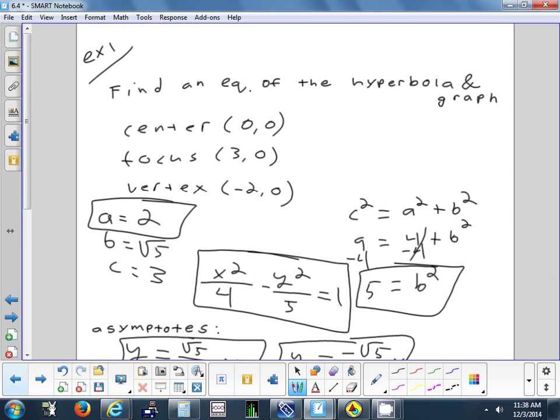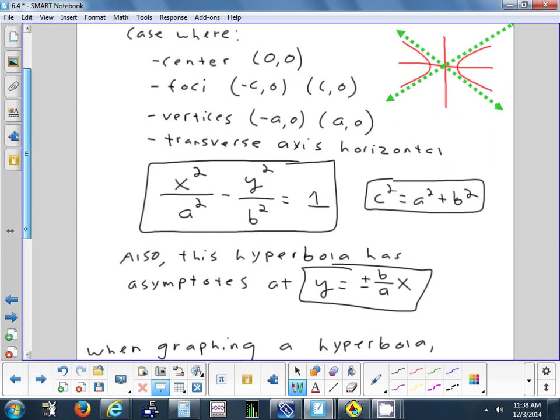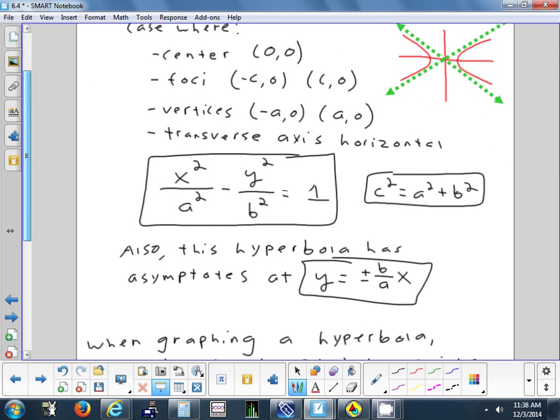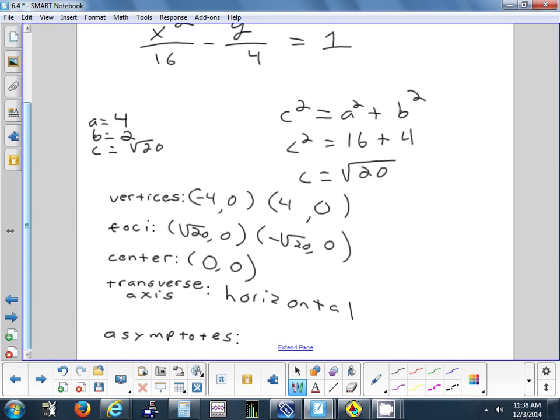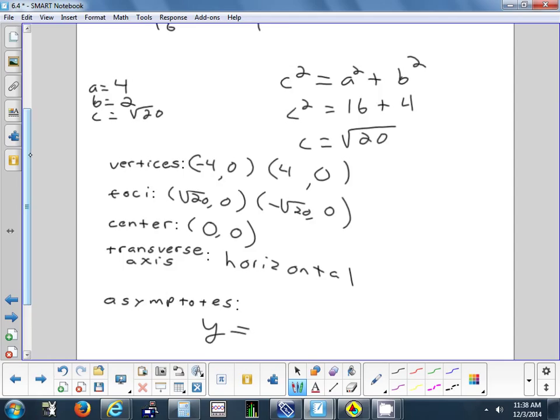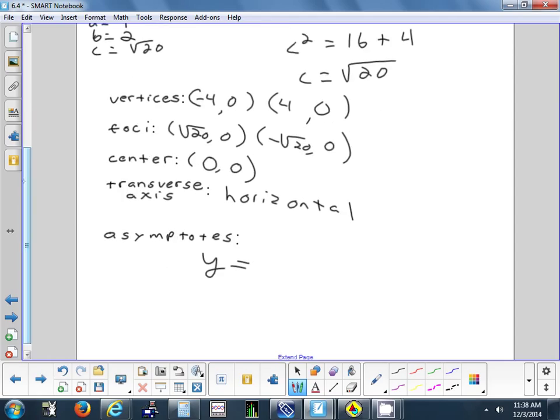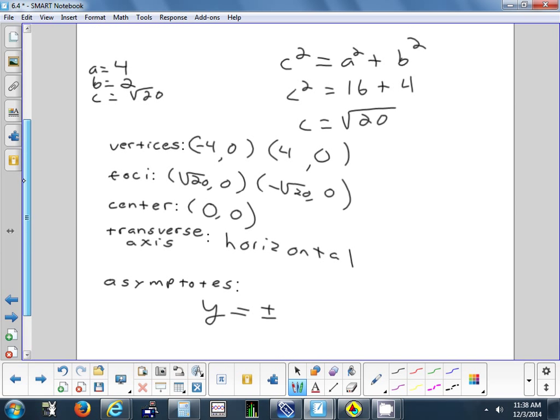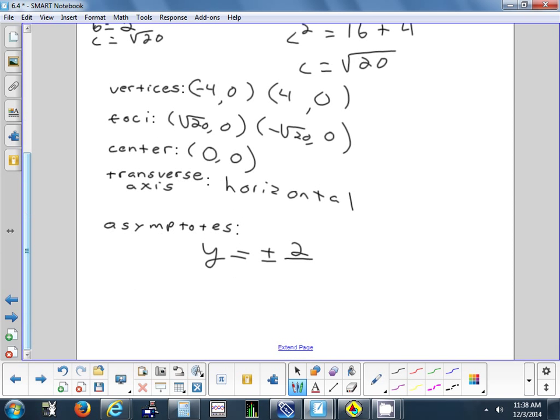And asymptotes. I don't remember the formula, so I'm just going to go back. It's b over a times x. So we've got b over a. And you know what? We can do it the way Matt had said earlier. Just use the positive or negative. 2 over 4.